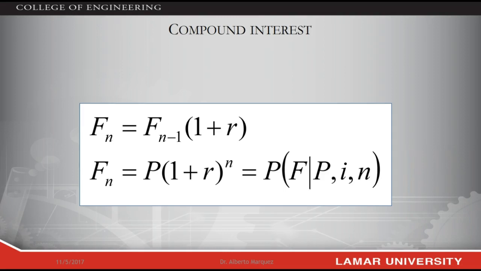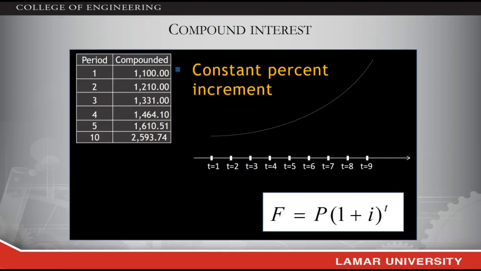For instance, the formula that we have for compound interest is F equals what we have today times 1 plus the interest rate raised to the power of n. F equals P times 1 plus I to the n. So for that 3-year investment, we would have the future value equals the $1,000 we originally had times 1 plus 0.1 to the 3. When we do the math, we get 1,331.